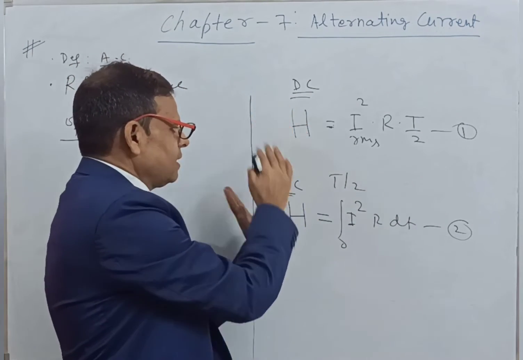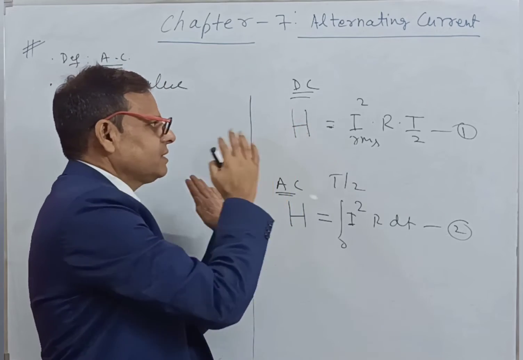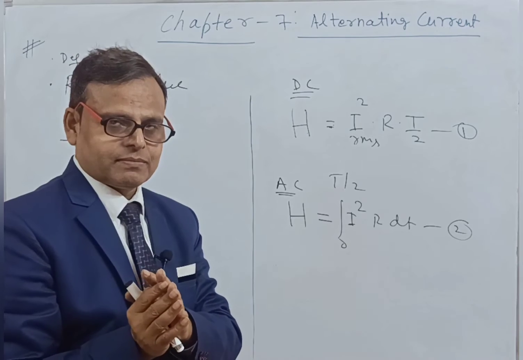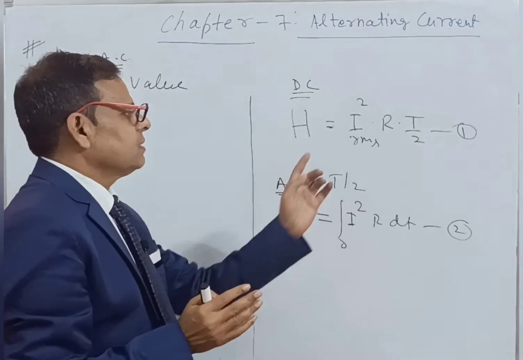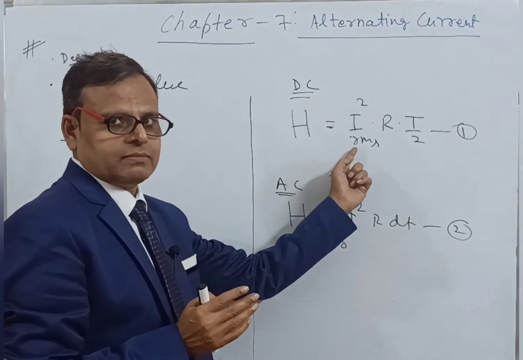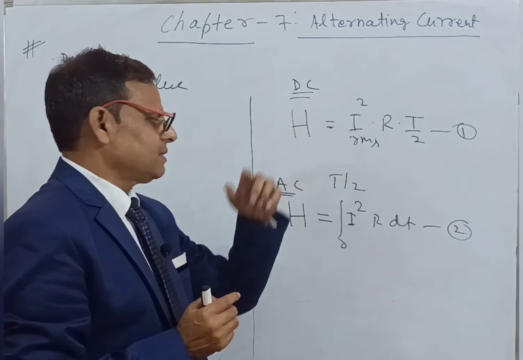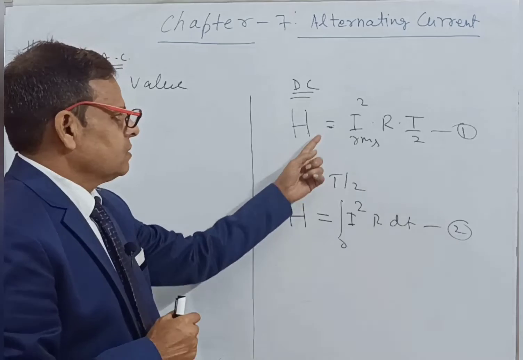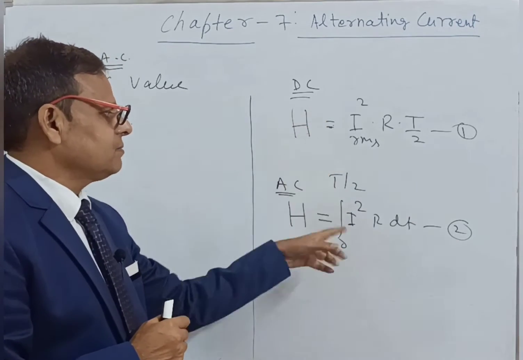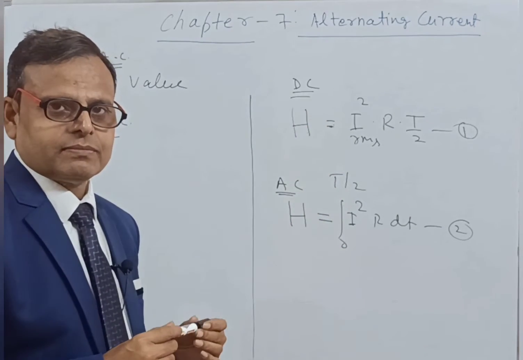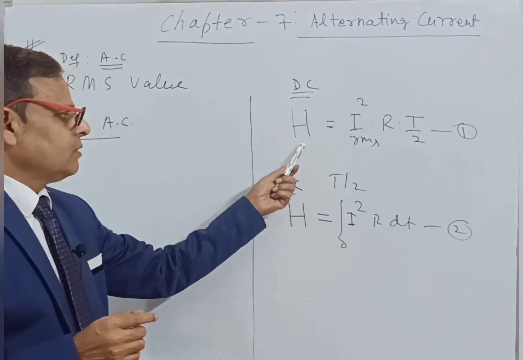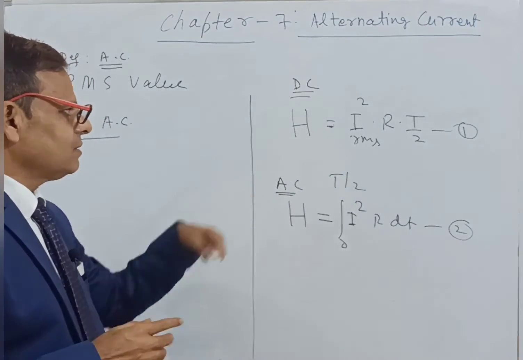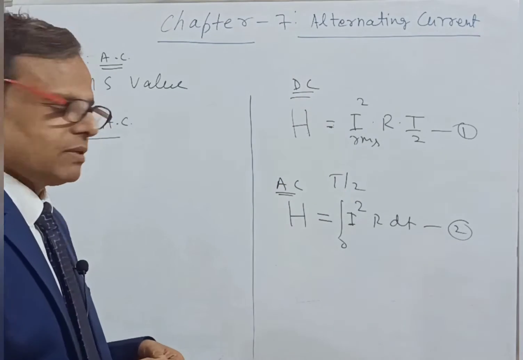Means the amounts of heat generated in both circuits are equal for the same resistance and the same time. Then the current through DC is called RMS. So here mathematically I have written both equations 1 and 2. Since LHS are equal, therefore RHS must be equal.